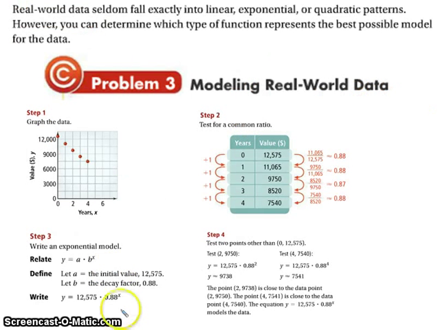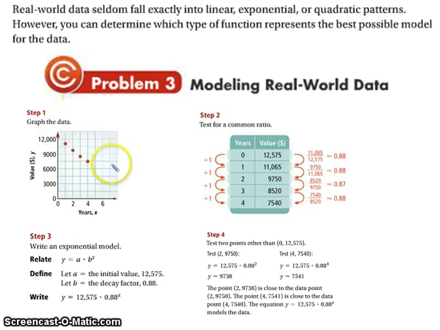And then we have some real-world data here, and oftentimes it doesn't actually show up into a specific type of graph: linear, exponential, or quadratic. But what we can do is determine the best possible model for the data. So this is the number of years and the value of something.